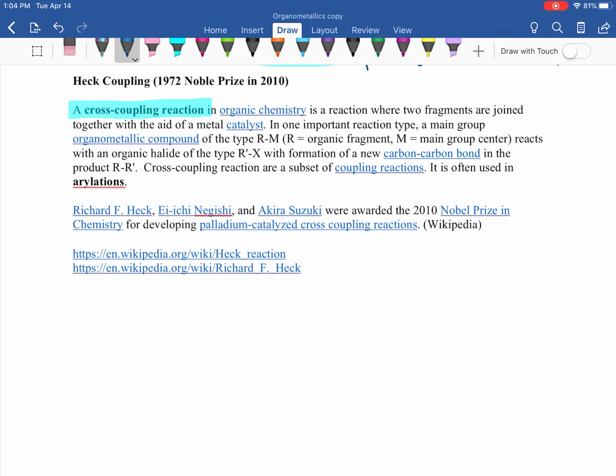Our Heck coupling reactions are going to use a palladium catalyst, and it's pretty cool. Starting in the 70s, he started taking substrates, specifically an alkyl halide, so something with some kind of alkyl halide on it. Benzene rings tend to work really well. So OChem 1, this is going to pop up in Unit 5. You can use this for synthesis.